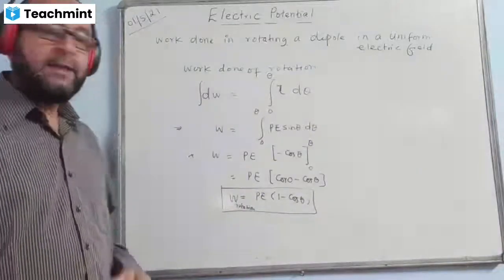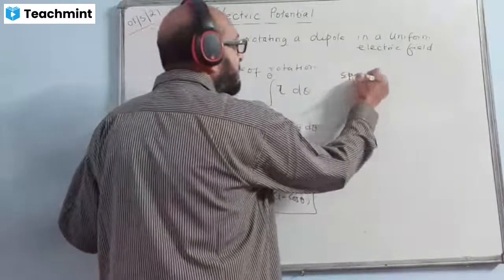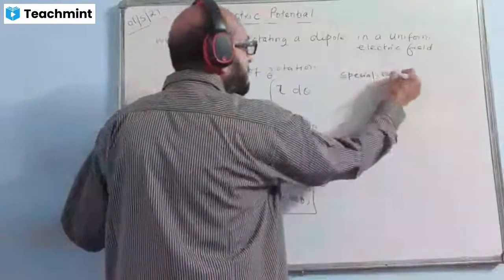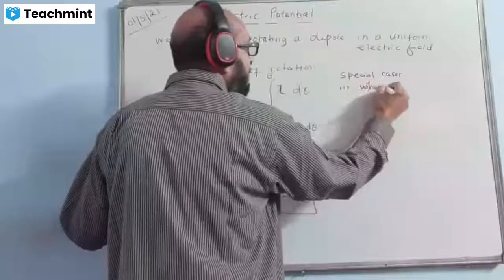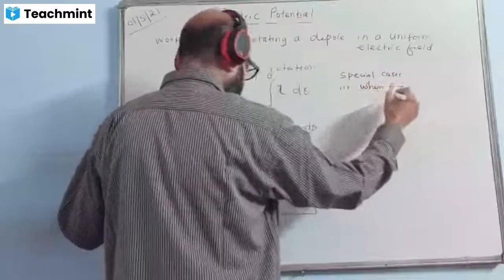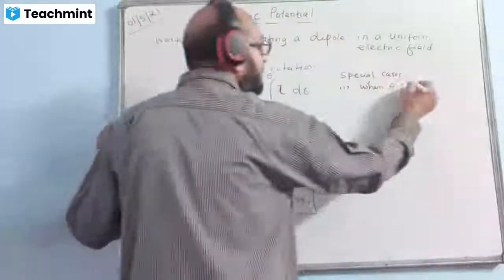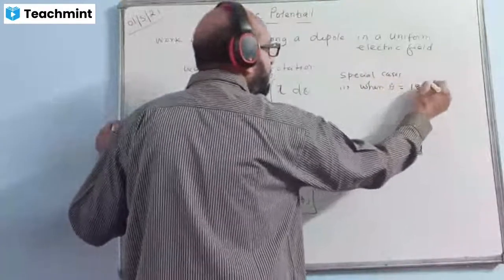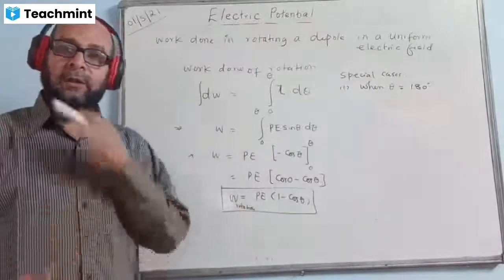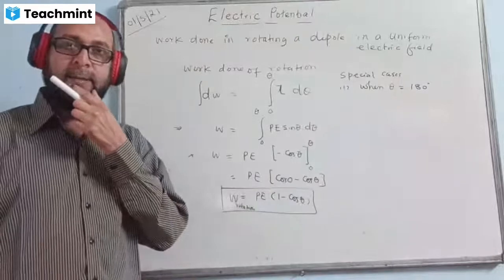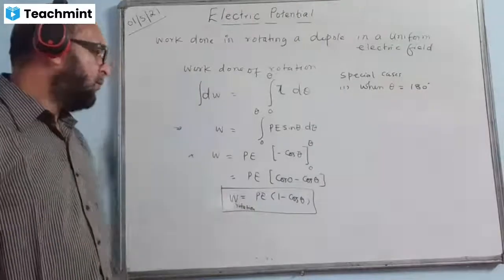Now we have two special cases after this. Special case number 1, when theta is 180 degree. That means we are rotating the dipole from 0 degree to 180 degree. So what is the answer now?